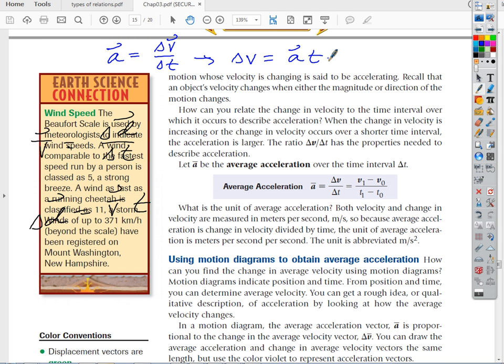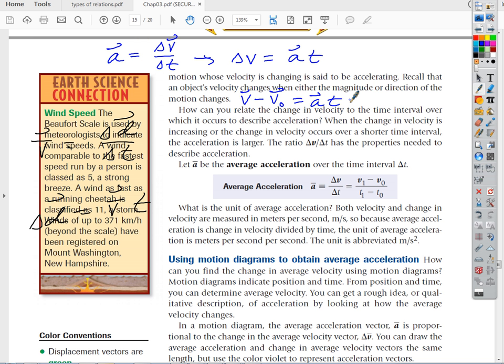And what is delta V? Delta V is just final velocity minus initial velocity, right? Usually we say V1 minus V0, but let's just call it V for the final velocity. So that's going to give me V minus V0 equals AT.